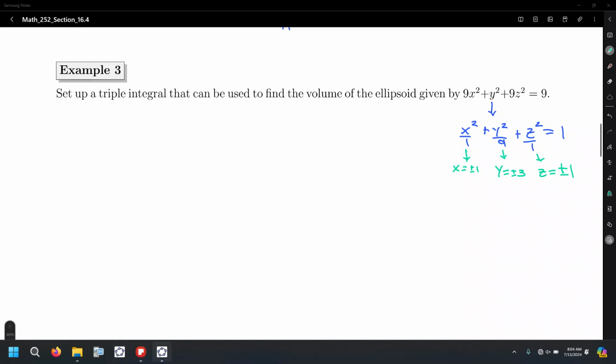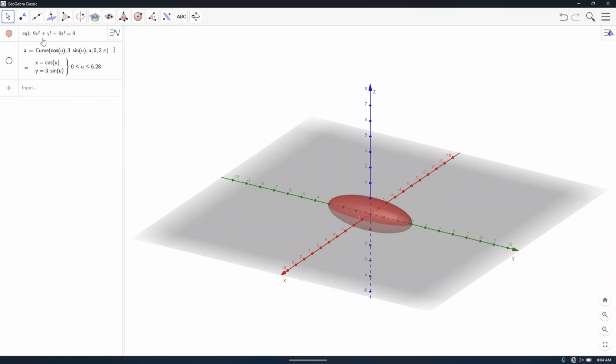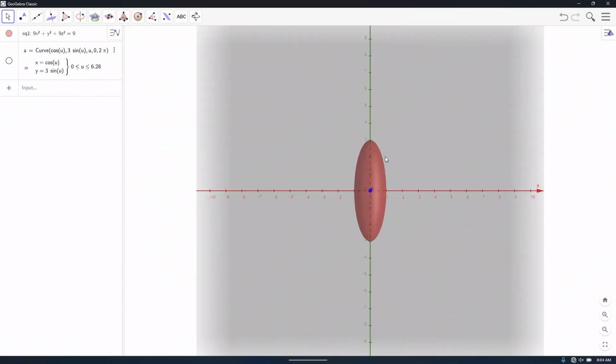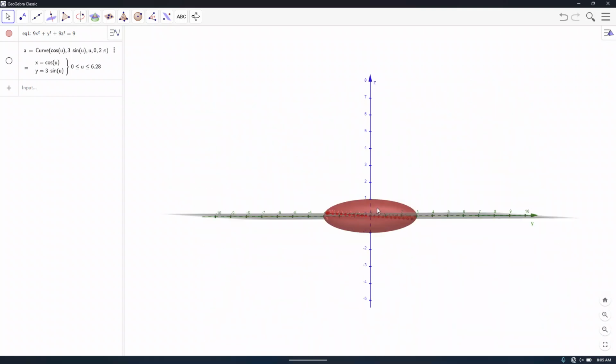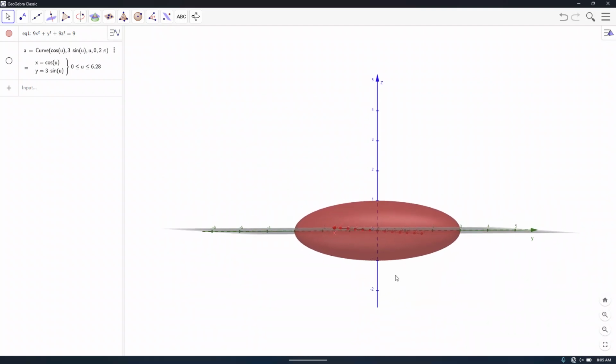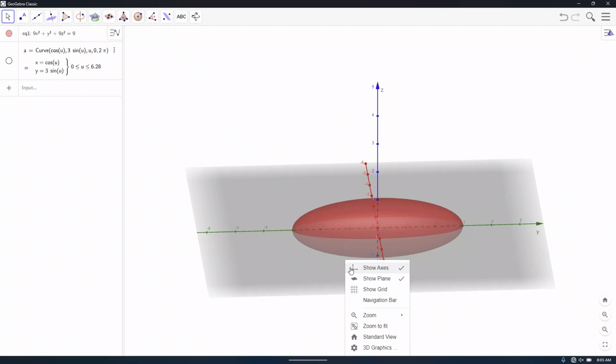I have typed the same function here, 9x squared plus y squared plus 9z squared equals 9. Along the x-axis, we have plus and minus 1. Along the y-axis, plus and minus 3. And along the z-axis, see how we go from negative 1 to 1. All right, those are the intercepts, verified graphically here. Let me get rid of this plane.